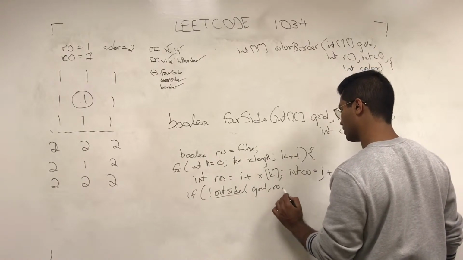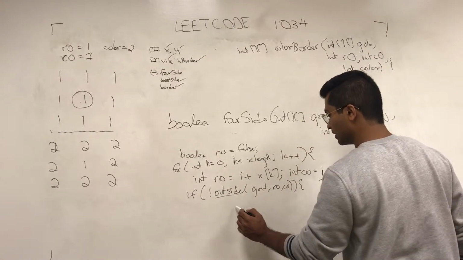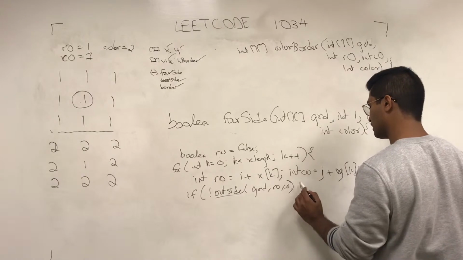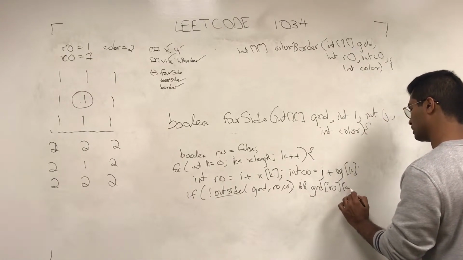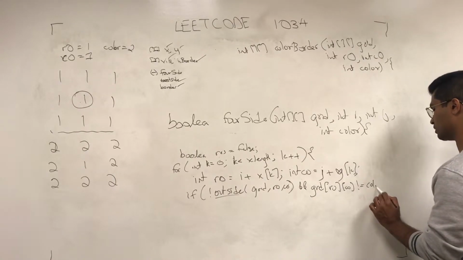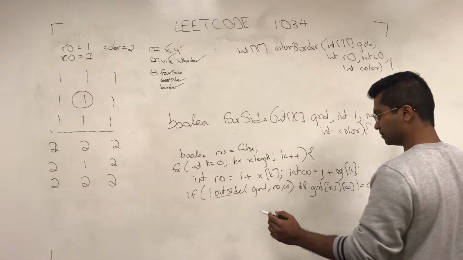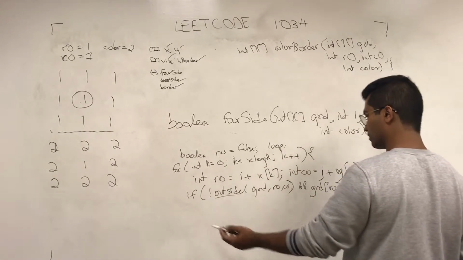If it's not outside and grid of row and co is not the same as the color that's passed in, then I'll call this outer for loop, outer for loop.